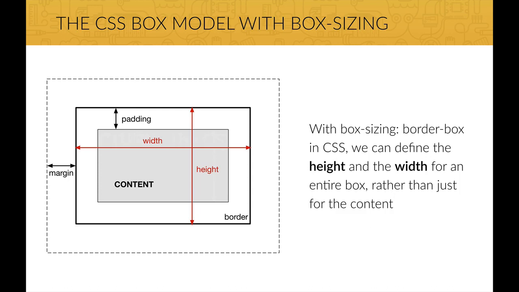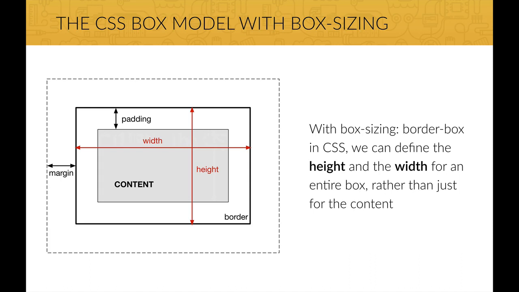The box model also allows us to set the height and the width of an element. Now, the annoying thing about the standard box model that I just showed you is that you just set the height and the width of the content, not of the entire box itself.